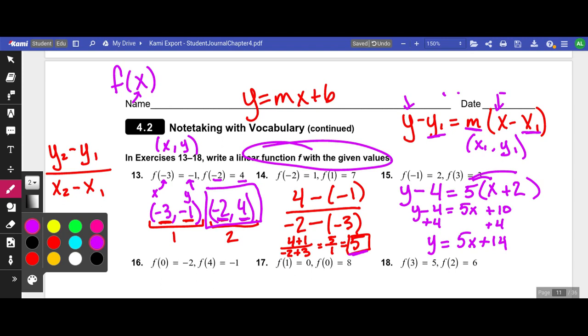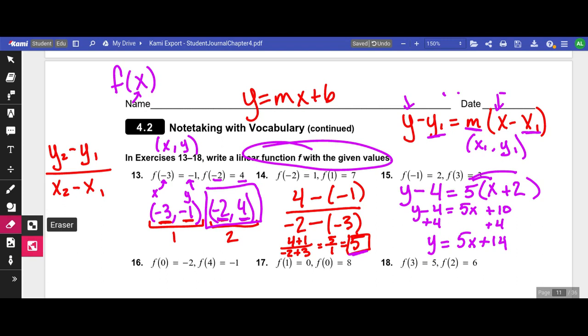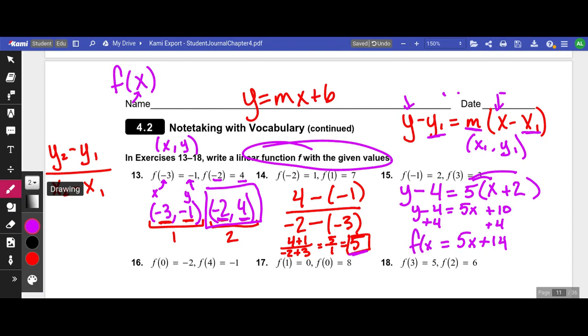All right, but again, if you mark this on your test, I at most might take off 1 point, might not take off any, I guess, depending on how nice I'm feeling. If it asks for a function, you shouldn't leave a y. You should go ahead and replace it with that f of x, right? It means the same thing.